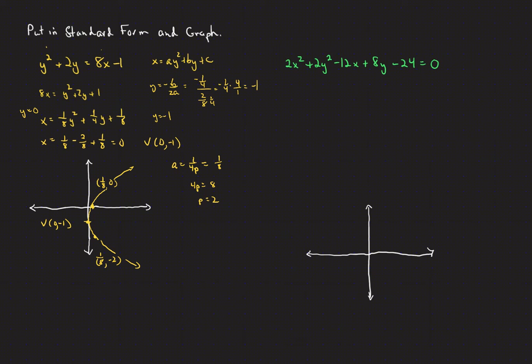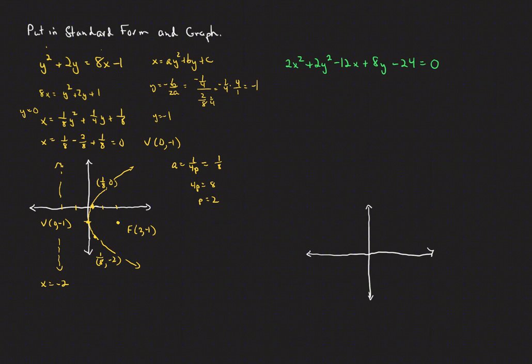So we're going to go inside the parabola, to the right of the vertex, and that will give us a focus at (2, -1). Going to the left is going to give us a directrix that's x equals -2. And there's our parabola.